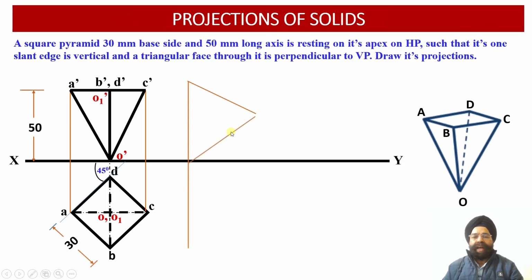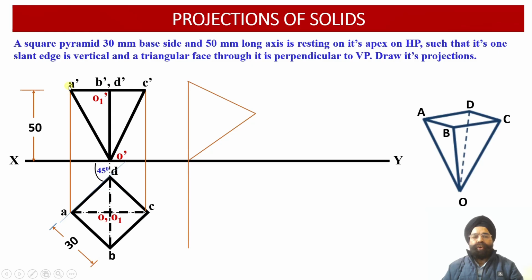Once I mark this distance, I have been able to successfully transfer, using rectilinear distances, this triangular front view projection from the present orientation into a new orientation in which one of the slant edges of this square pyramid happens to be perpendicular to the horizontal plane.